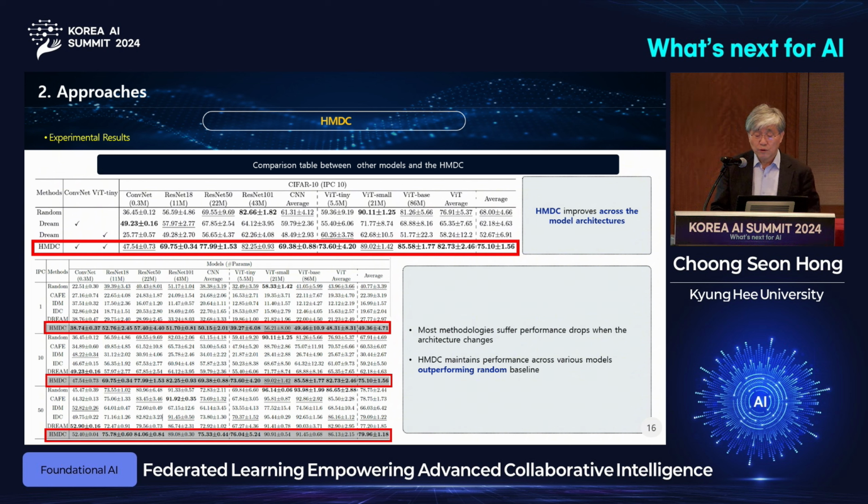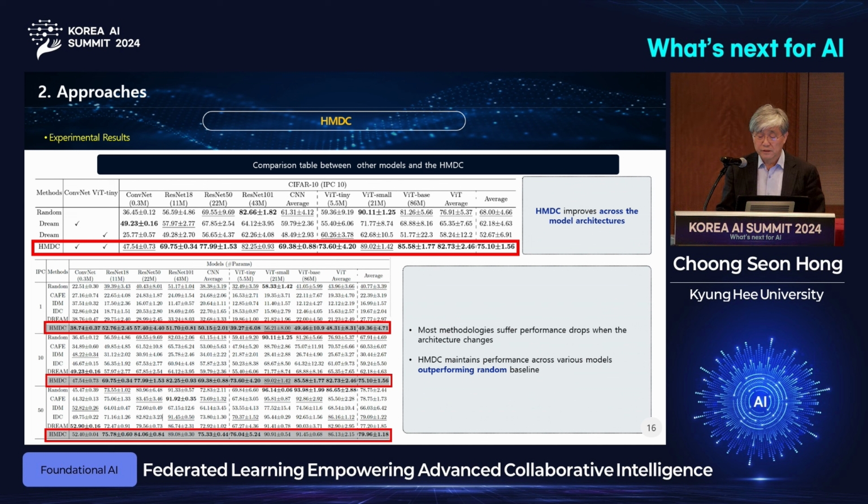Now let's take a look at the experimental results of HMDC and how it performs across different model architectures. This table at the top compares HMDC's performance with other methods like random and DREAM on CIFAR-10 across various models, including the convolutional net, ResNet, and ViT.